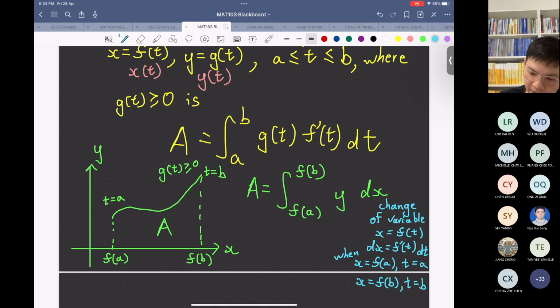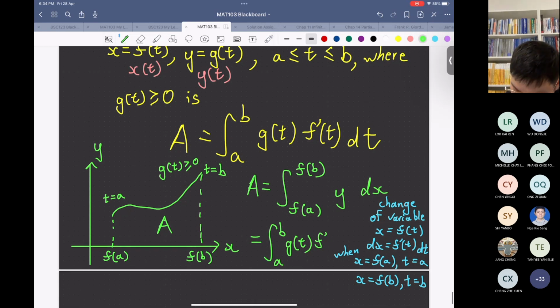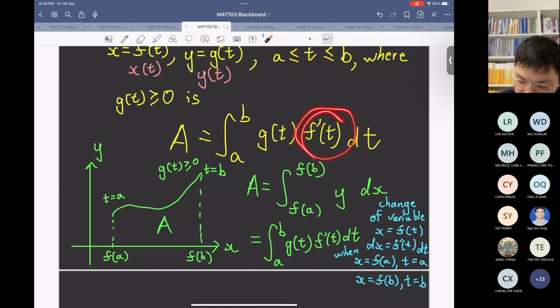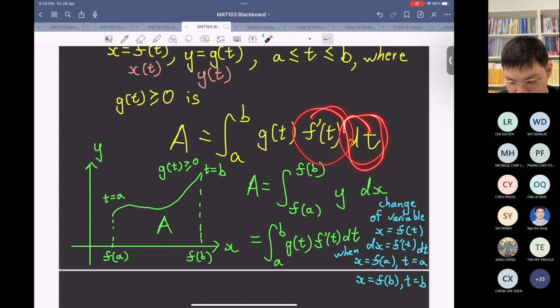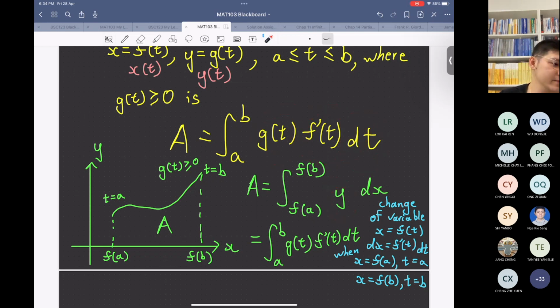Okay. So in this case, the integral becomes integrating from a to b, and then y is equal to g(t), and dx after change of variable becomes f prime(t) dt. So that's why there's a derivative coming up in the integral here. Because you do a change of variable, and then this g(t) is really the y here.